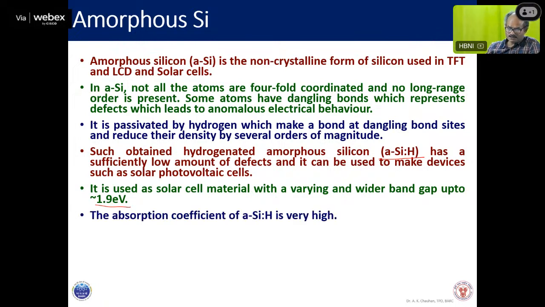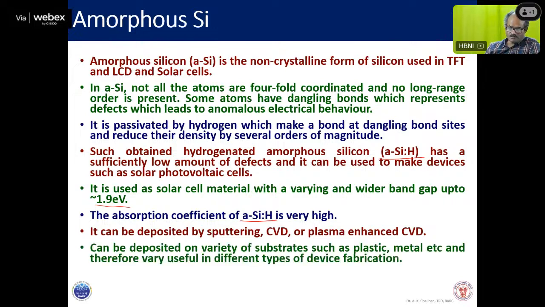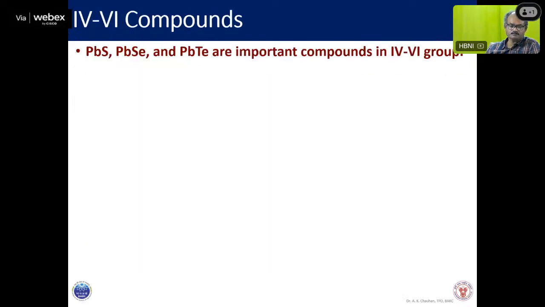The absorption coefficient of hydrogenated amorphous silicon is very high. It can be deposited by sputtering, CVD or plasma enhanced CVD. It can be deposited on a variety of substrates such as plastic, metal, etc., and therefore is very useful in different types of device fabrication.